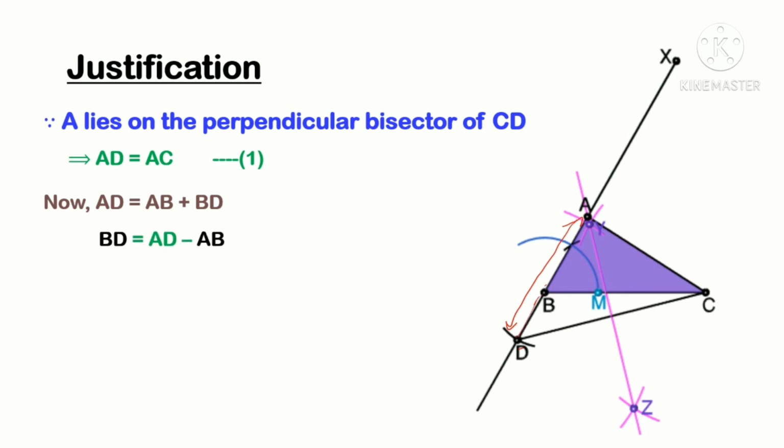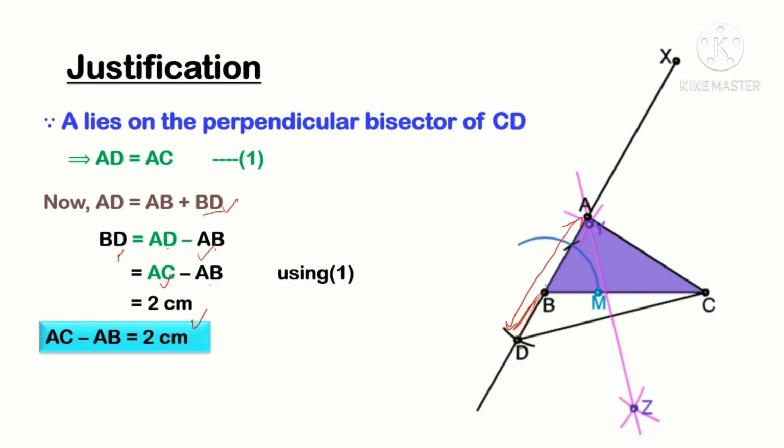And from here, just transposing, BD is equal to AD minus AB. And in place of AD we can write AC from equation 1. And what was BD? BD was nothing but 2 centimeter, and we are getting that AC minus AB is also coming out as 2 centimeter. That's what we needed and we did it.